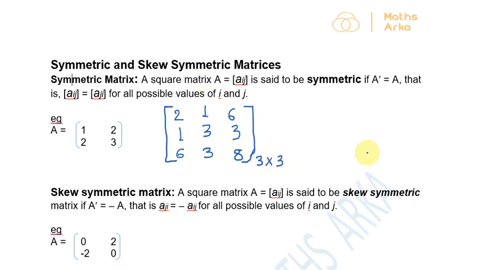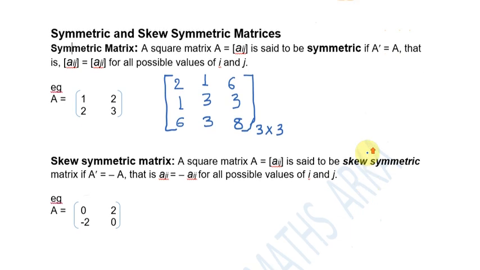Now we move to the skew symmetric matrix. It is similar to a symmetric matrix in some sense, in that we put a mirror over here, and the image that we get for each of the non-diagonal elements has its sign inversed, so that is the negative of the number.